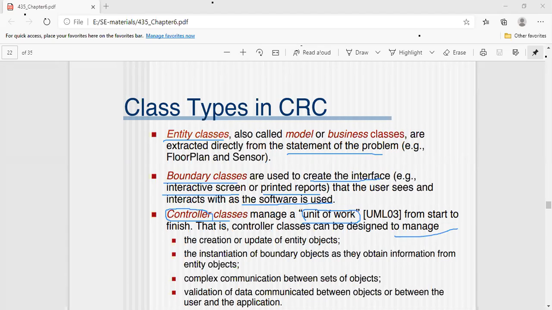Whether the user is entering the correct data or not, which means we are going to check the credentials of a user or customer and validate them.